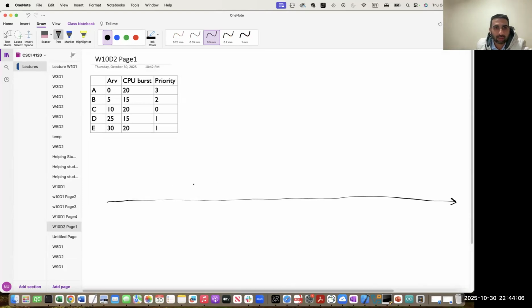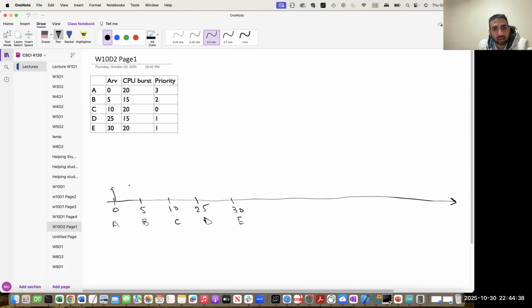Uh, so I'm just first putting the arrival times 0, 5, 10, 25, and 30. And these are the arrival times of A, B, C, D, and E, right? So at time 0, no one else has arrived, only process A is there. So I schedule it, right?